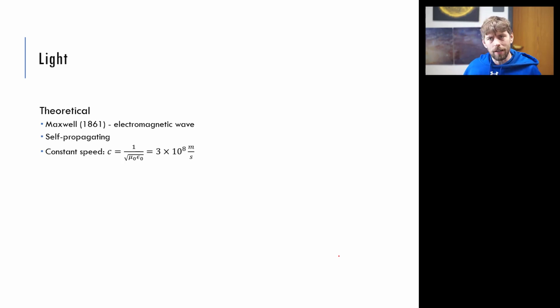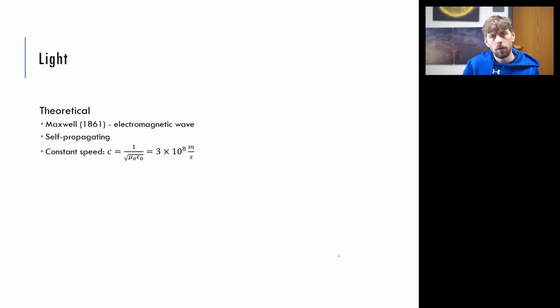Now bear in mind, Maxwell is doing this in the mid-1800s. The nature of light is not well known. In fact, one of the questions of the day is, how does light from the sun propagate to the earth?